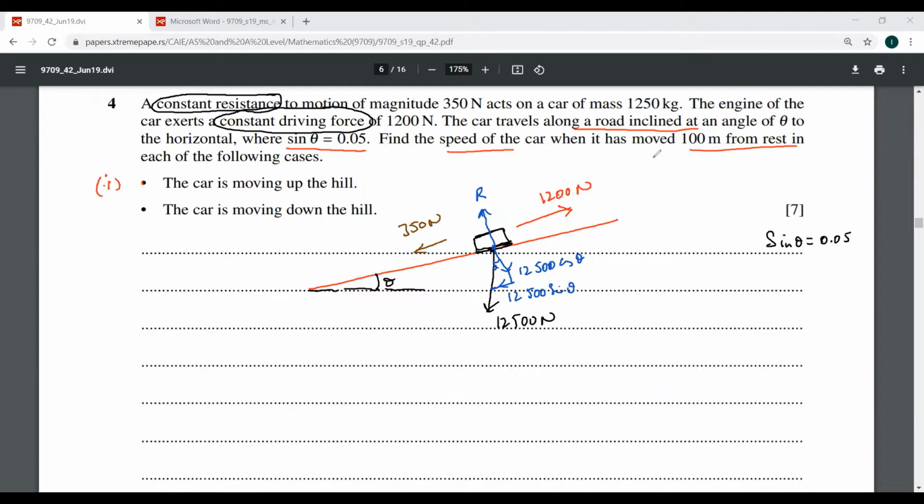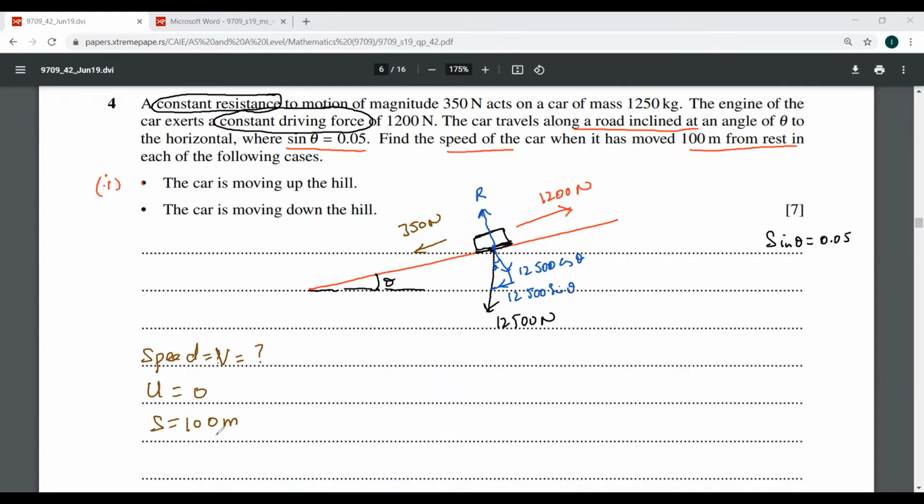So we have to find the speed when it has moved 100 meters from rest. It means u is 0. The speed that we have to find is going to be v, when it has started from rest and covered a distance of 100 meters.